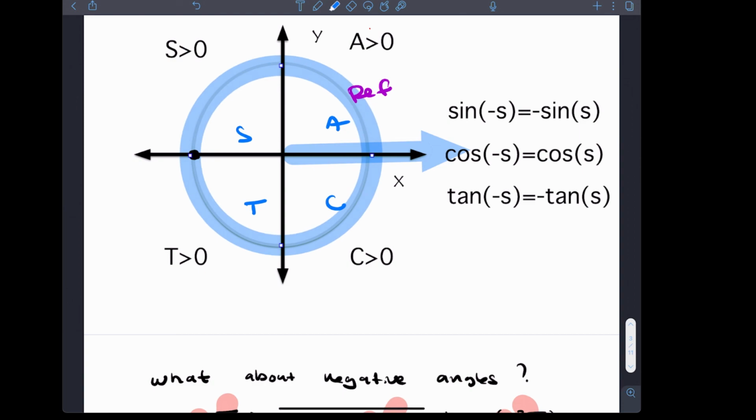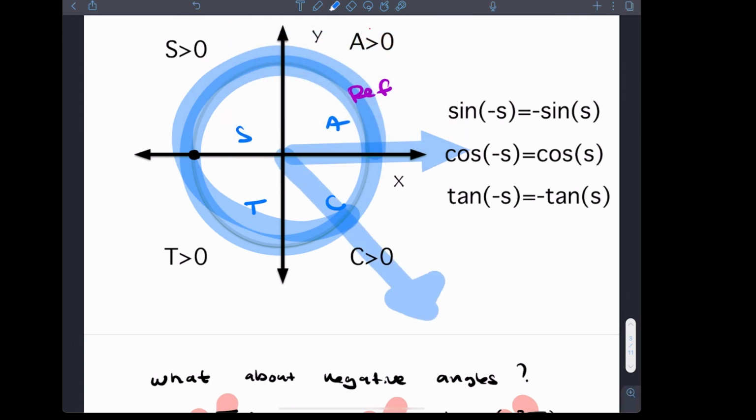And then I have to go an additional what? 300 degrees. So in other words, this is in quadrant what? 4. What do I know about quadrant 4 angles? Since all students take calculus, what does that mean? Cosine's positive, but that means tangent's what? Negative. And yes, sine is negative.